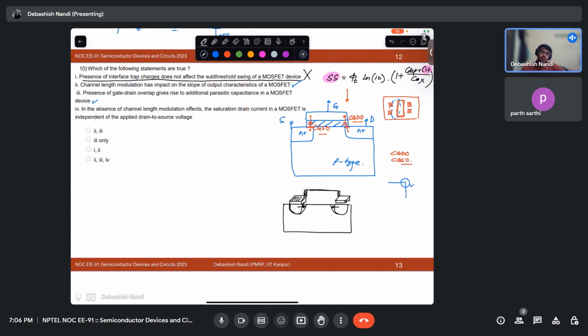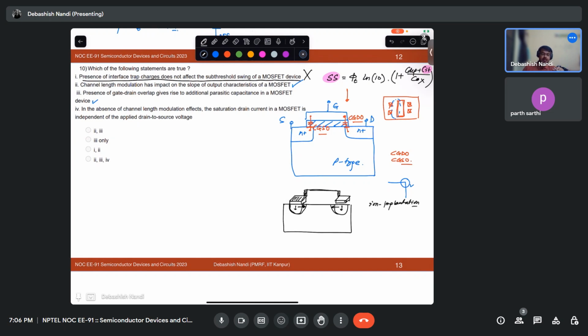Remember that no process is absolutely perfect, but nowadays instead of diffusing these things, we use ion implantation. That also creates a certain amount of lateral diffusion, but that can be reduced. It is much more reduced than when we used to make the source and drain contacts using the diffusion process.